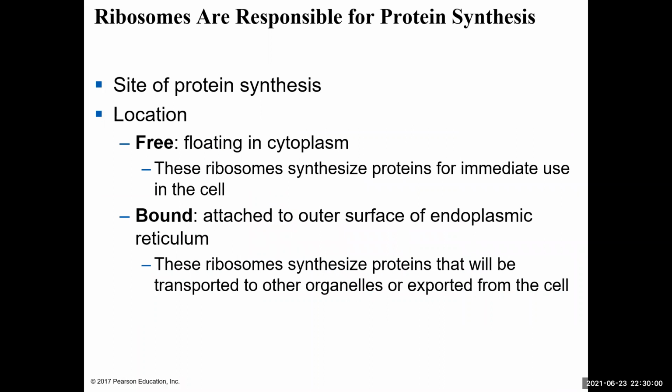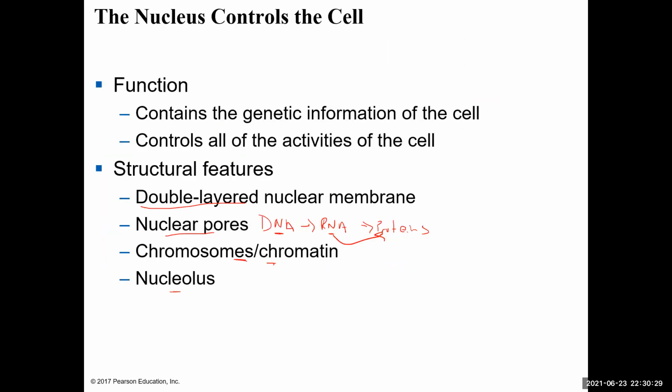All right, and so like I mentioned, the ribosomes are responsible for protein synthesis. Okay? And so we said that the ribosomes are found on the surface of the endoplasmic reticulum, and that's referred to as the rough endoplasmic reticulum. One thing I forgot to mention when we were looking at the cell image and all the organelles is that there are also some free-floating ribosomes.